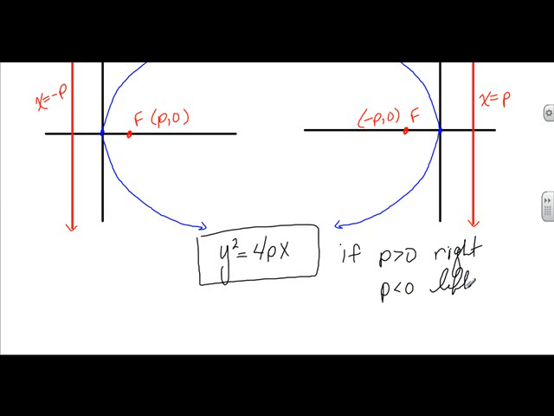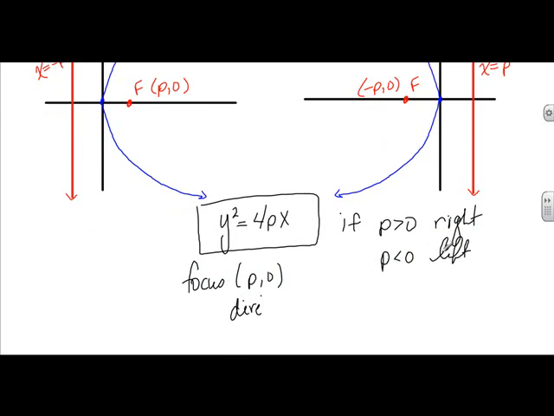The focus then would have coordinates p, 0, and the directrix would have the equation x equals the opposite of p. So it's a different way of looking at parabolas.